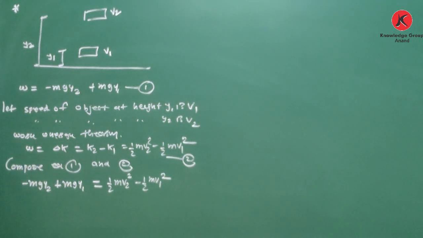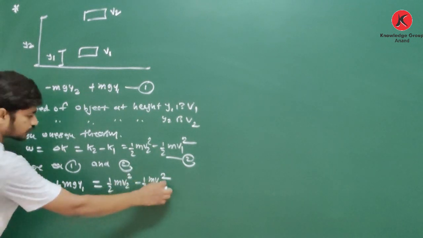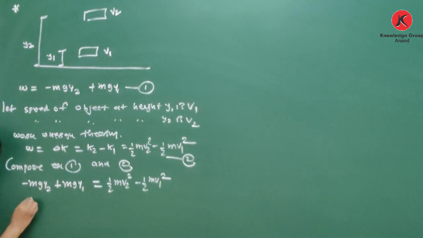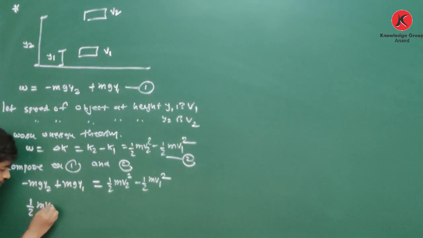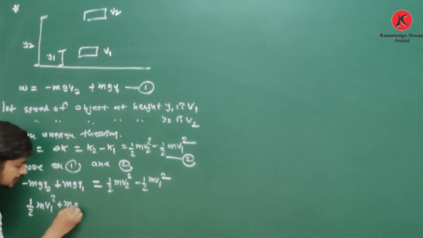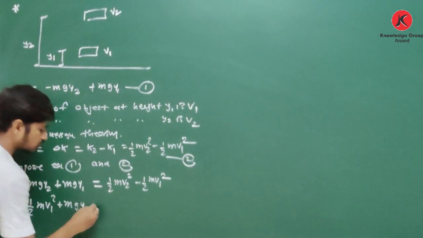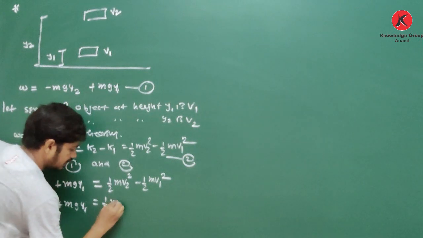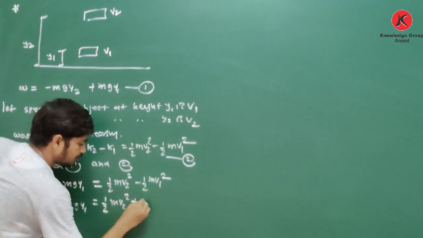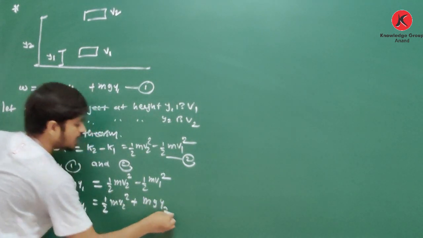Now take terms having 1 on one side and 2 on the other side. So mg y1 and half m v1 square on one side, and mg y2 and half m v2 square on the other. So half m v1 square plus mg y1 is equal to half m v2 square plus mg y2.